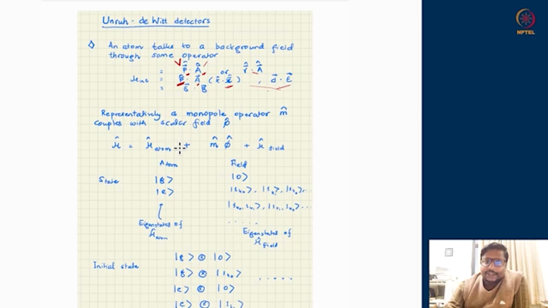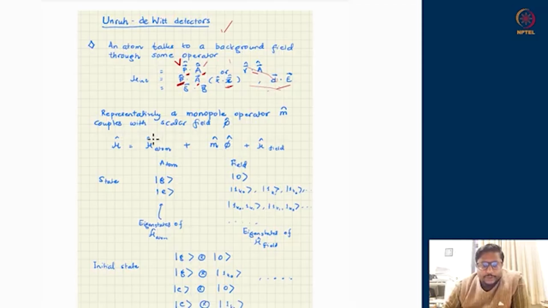Okay, and as we discussed, one very representative way of dealing with such a system is through something called the Unruh-DeWitt detector. The Unruh-DeWitt detector is just a representative system of this sort of interaction, and it has most of the simplistic features already built in, without depending upon a more subtle, qualitative or quantitative description of the field as well as the atomic system.